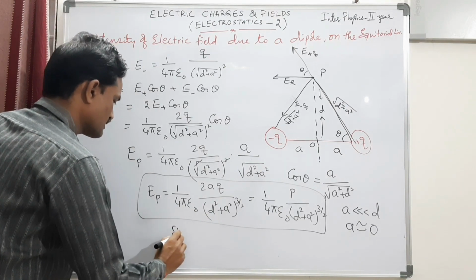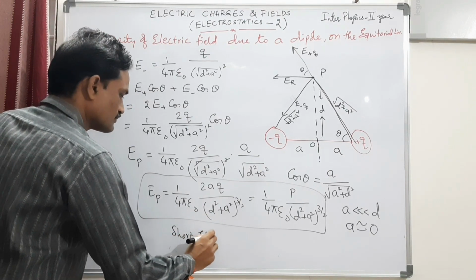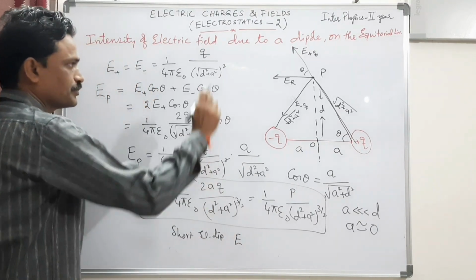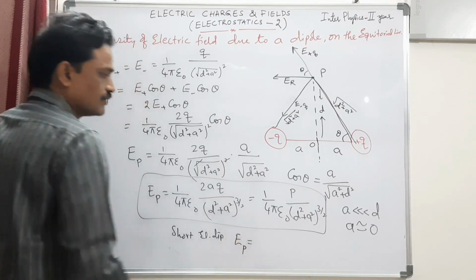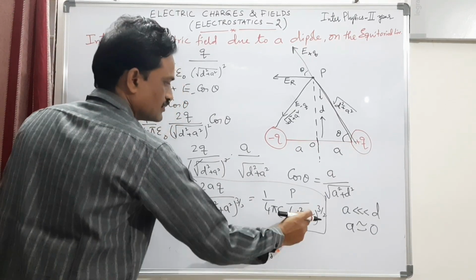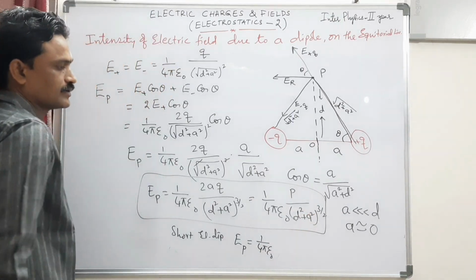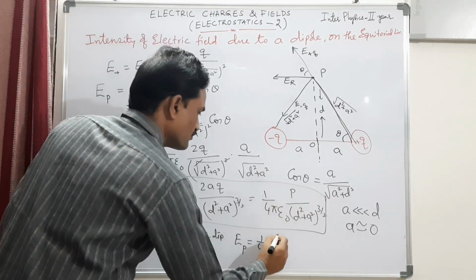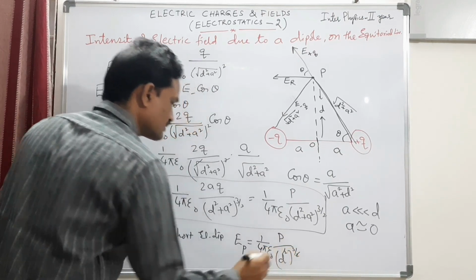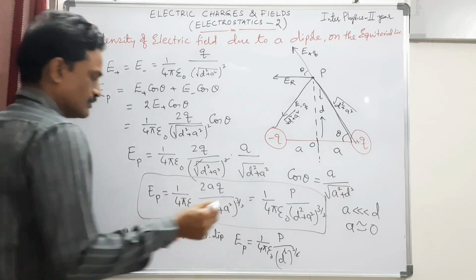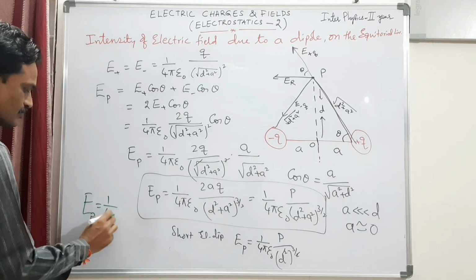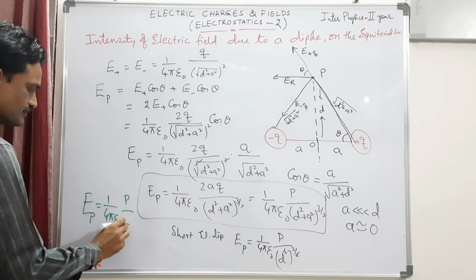Then for a short electric dipole, the resultant electric field at point P is given by EP is equal to 1 by 4 pi epsilon naught. Instead of a put 0, you will get p by d square whole to the power of 3 by 2. So 2 gets cancelled. The result will be EP is equal to, on the equatorial line, 1 by 4 pi epsilon naught p by d cube.